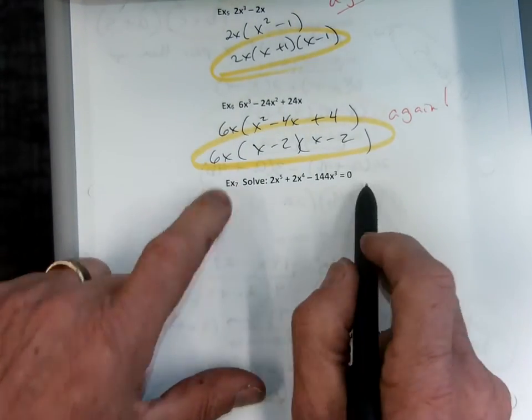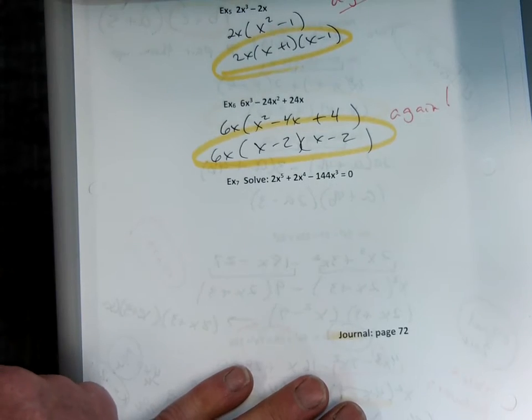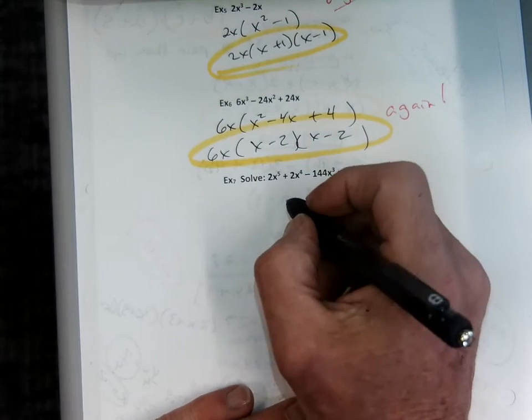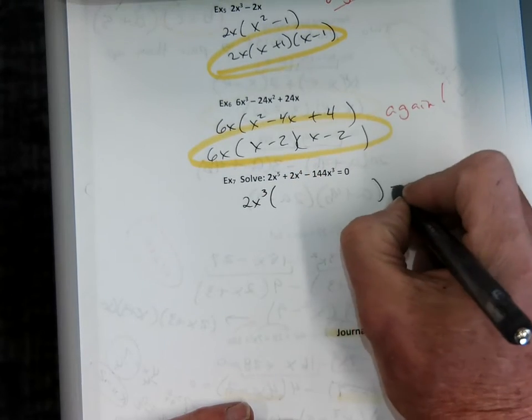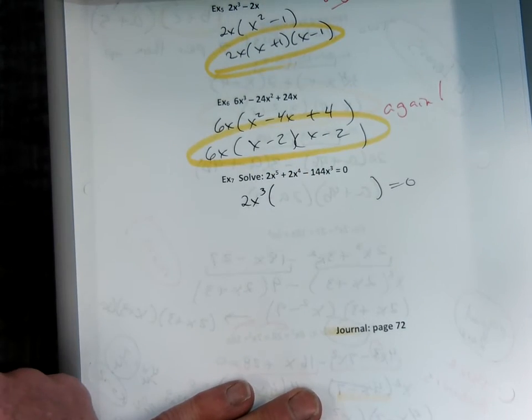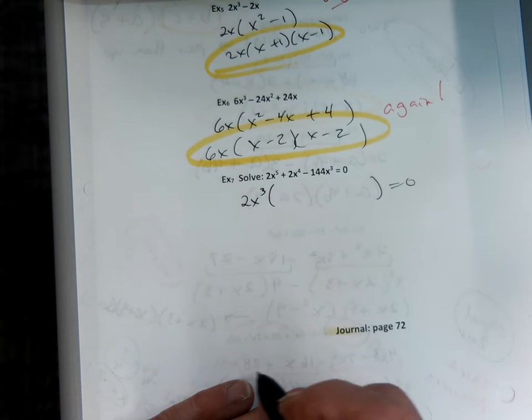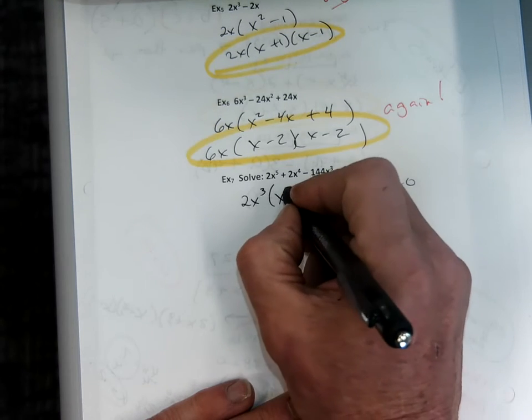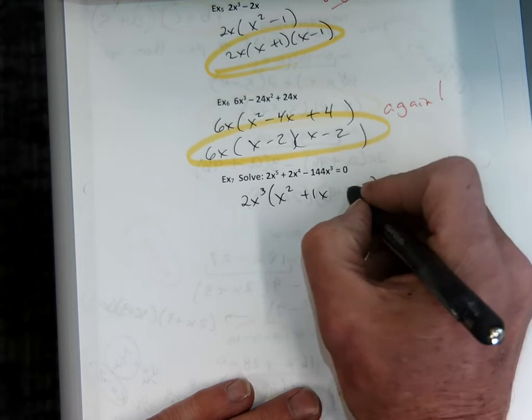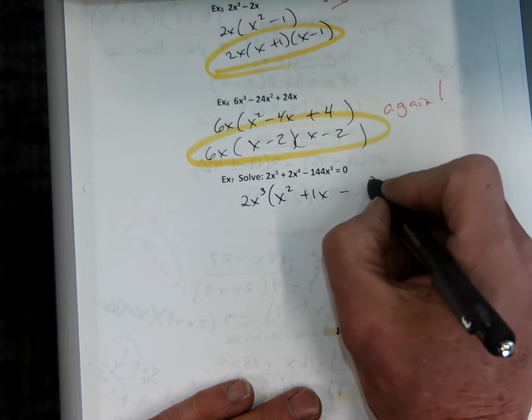What do you see? 2x cubed, yeah. They have a common 2x cubed, okay? So then what's left inside? x squared plus 1x minus 72, I think.